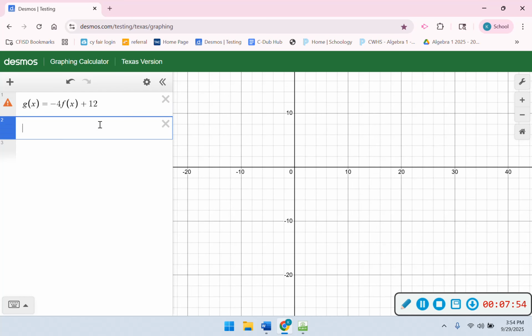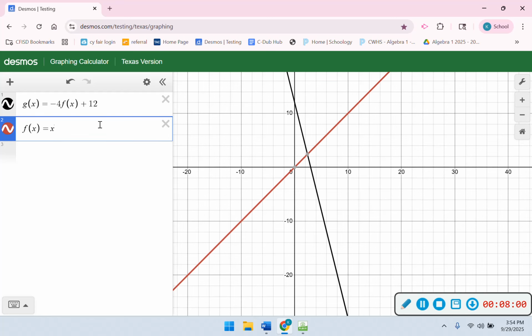So make sure you always plug in f of x equals x. Now it'll graph. So it just wants the x-intercept of graph G. So graph G is my black line. 0 means x-intercept, and the x-intercept is 3. So that would be C.